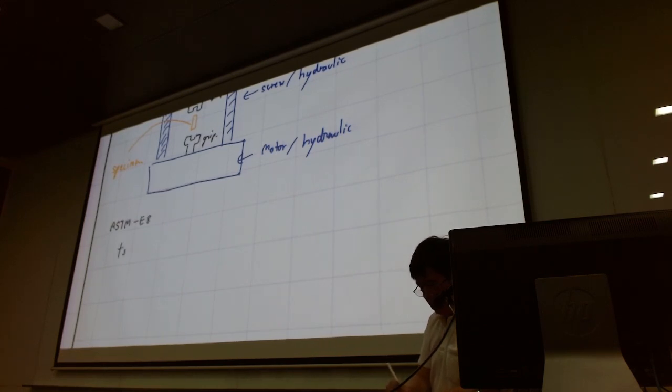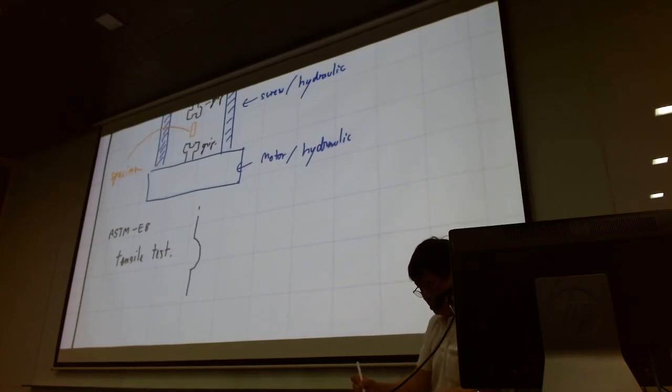This is for tensile testing. And it means that the specimen itself would have a certain shape. Usually it would be a dog bone shape with exact dimension.